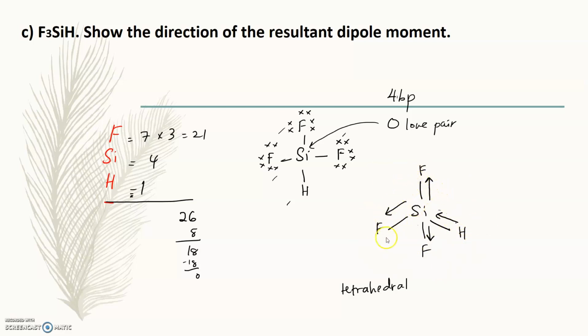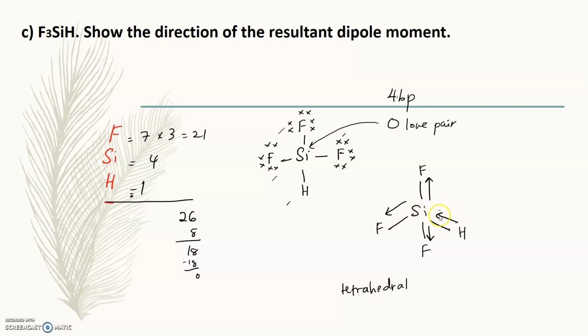Even though the shape is symmetric. Okay, we look at the arrow of dipole moment. 3 is towards outside, okay, ke arah fluorine, and one arrow towards silicon. Okay, so it cannot cancel each other.